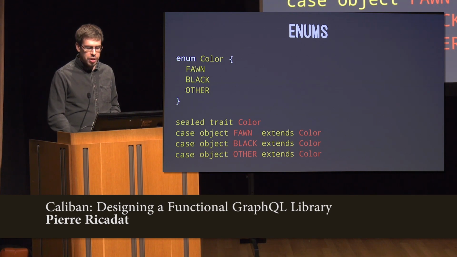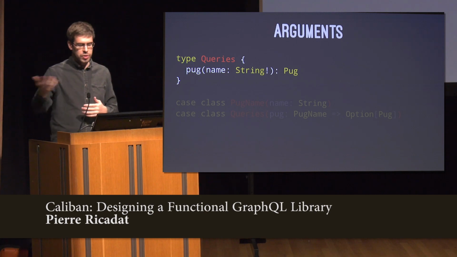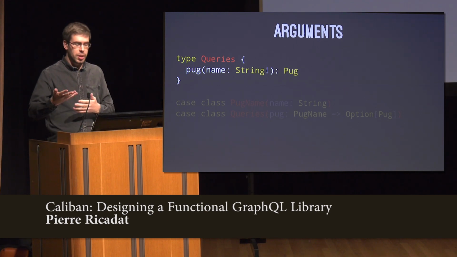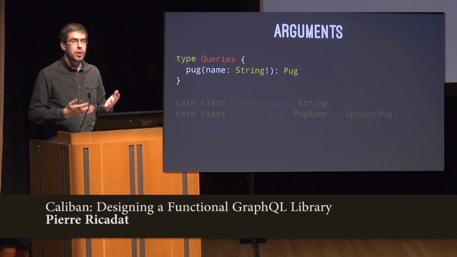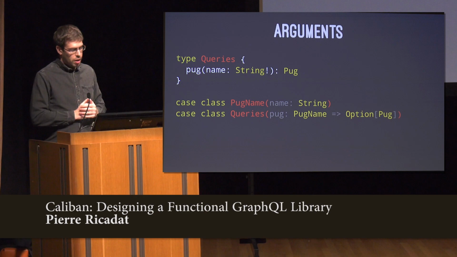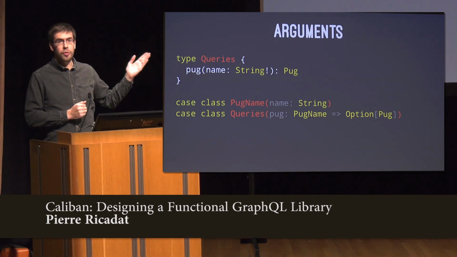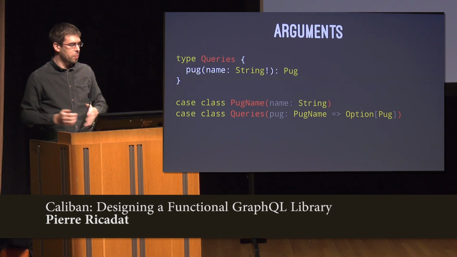But now what if we want arguments? So instead of just getting a random pug, we pass a name, and then we get a result. How do we express that using basic Scala classes? Well, we make our field a function from a PugName to an Option of Pug.